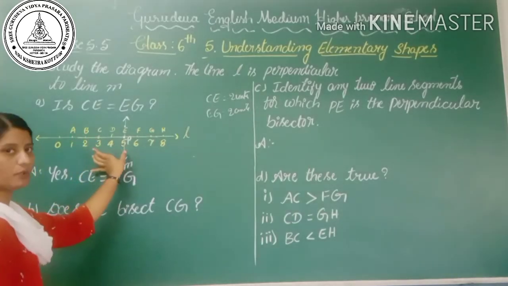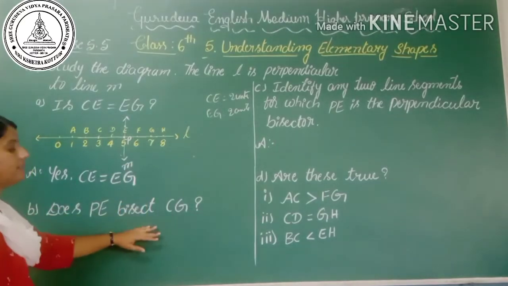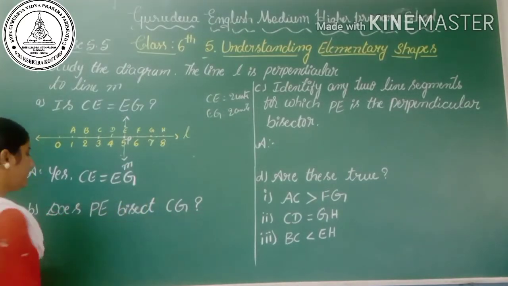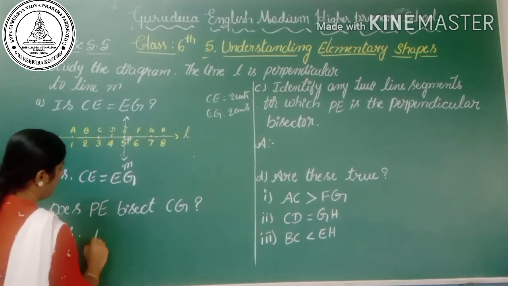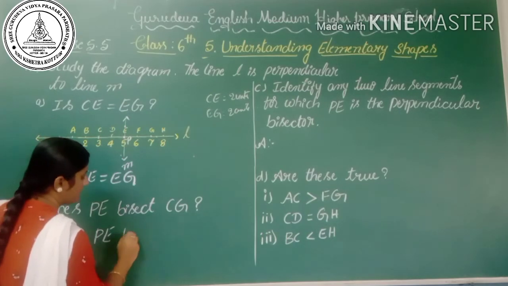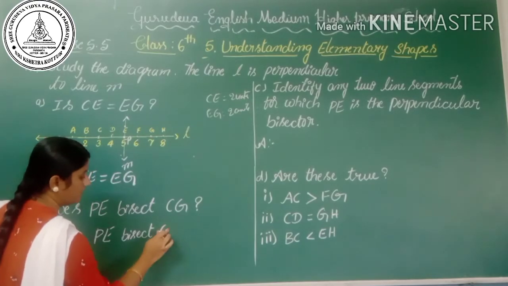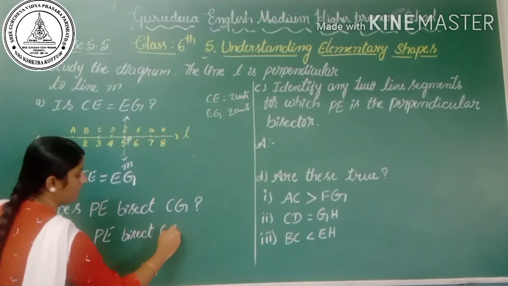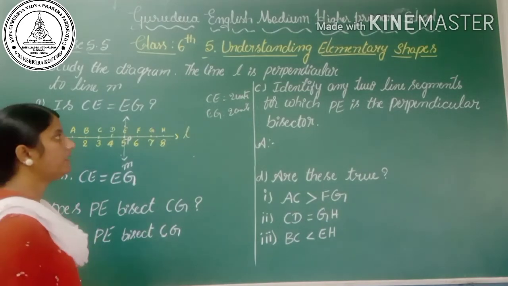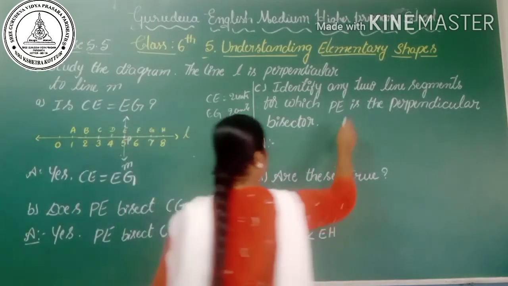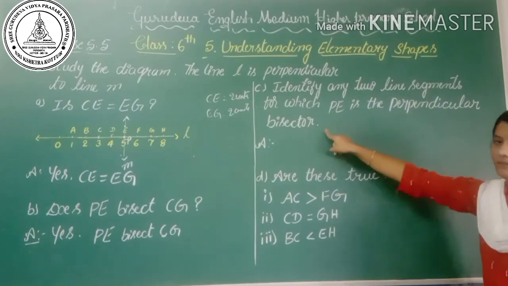Each part measures 2 units. So we can say that PE bisects CG. Answer is PE bisects CG.